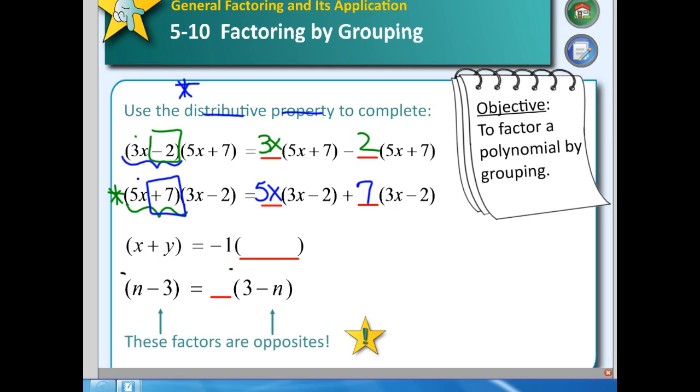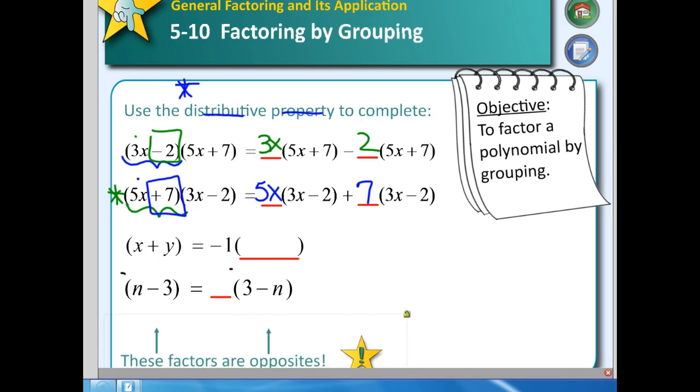All right, and so when we're factoring by grouping, it's very helpful for me to recognize opposites, because I can take this second guy here and multiply him by negative 1. What happens? Well, that's going to give me negative 3 plus n.